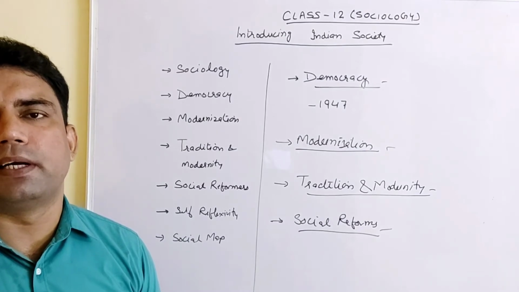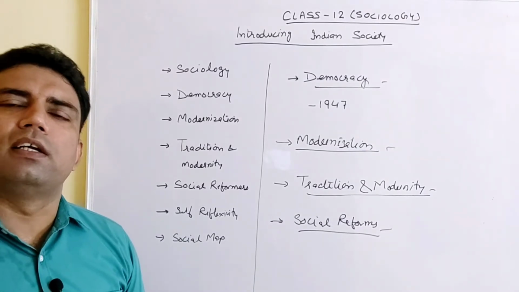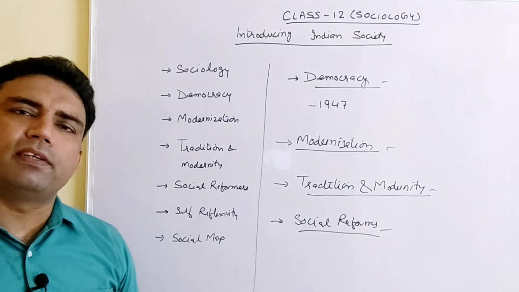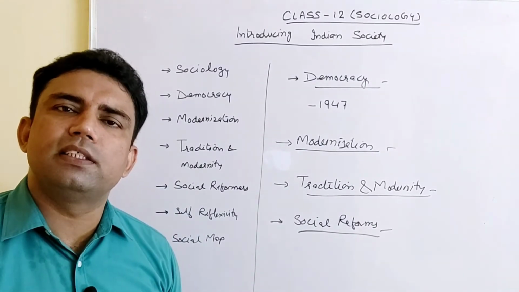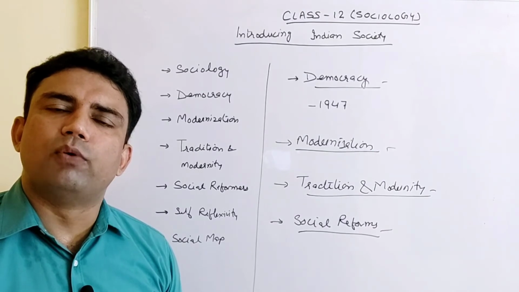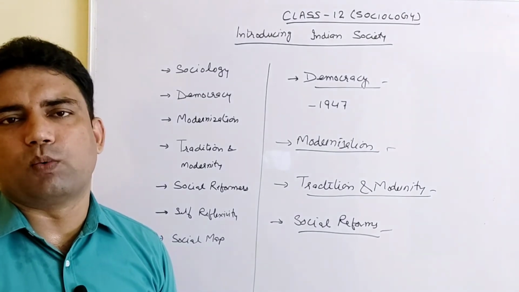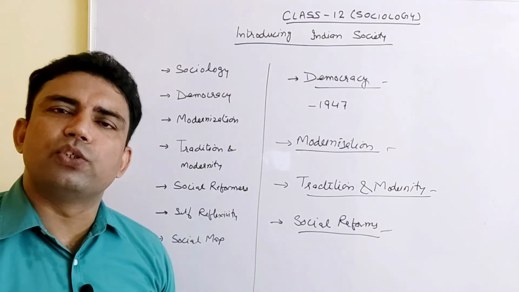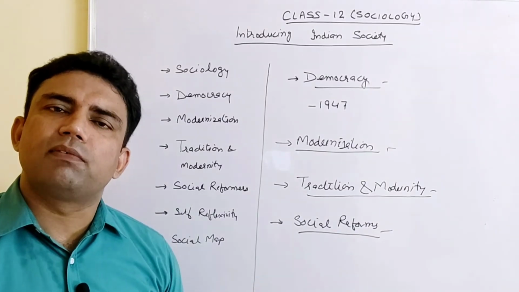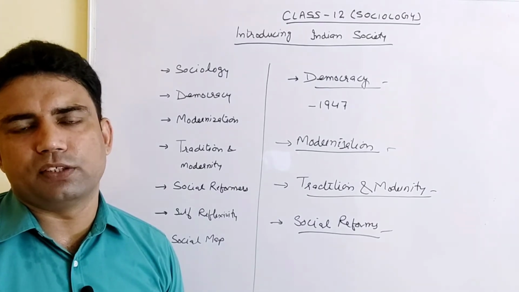But the British government did, because they wanted to rule the country for a long time, and they never saw such kinds of foundations in their own country. That was the only reason why these people were forcing them to behave like a modern human being. Removing social evils from the society was also a part of modernization.